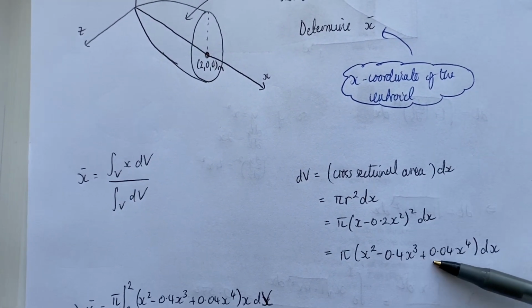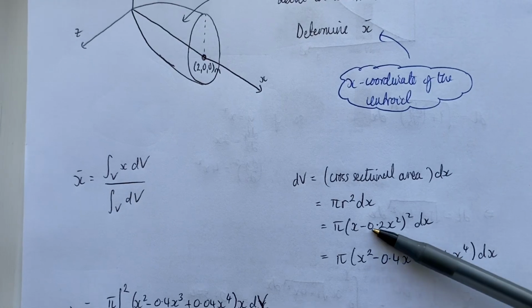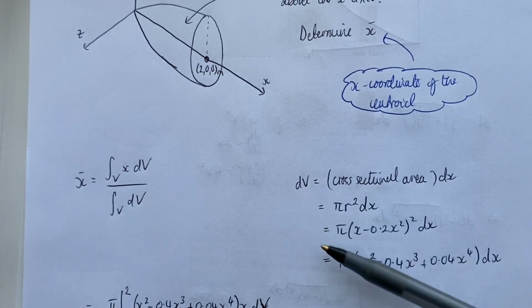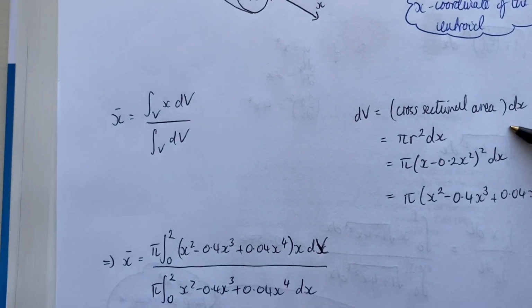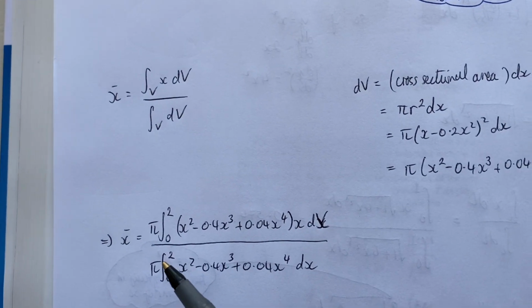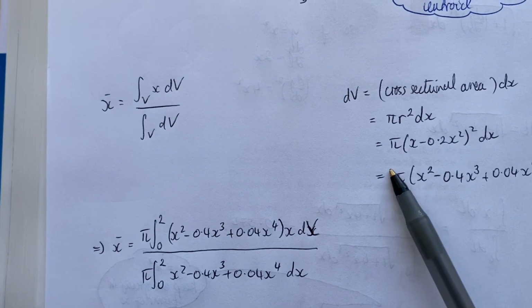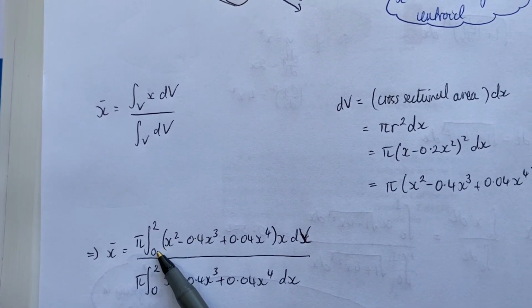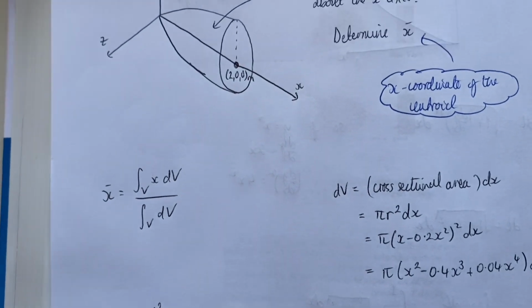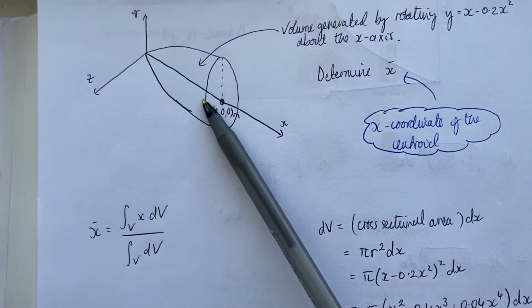So therefore we can go ahead and plug our expression for dV into this integral equation, and I've taken pi, because it's a constant, out of the front of the integral. We're integrating between x equals 0 and x equals 2, from up here.